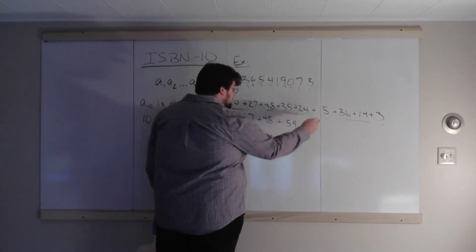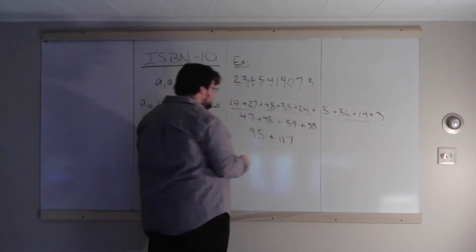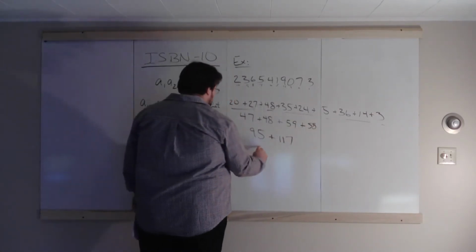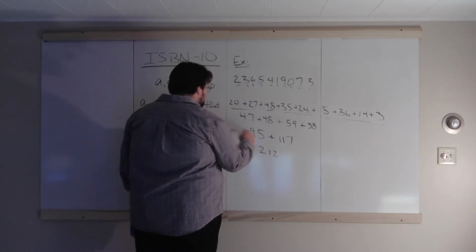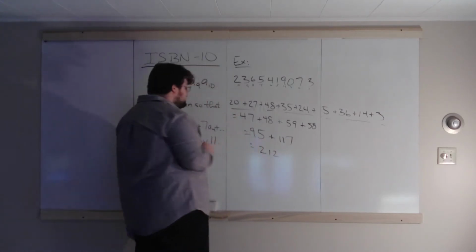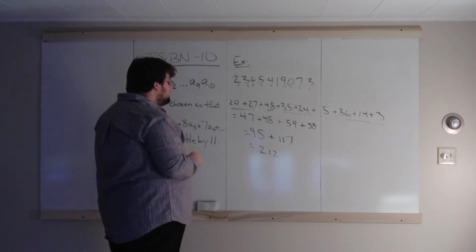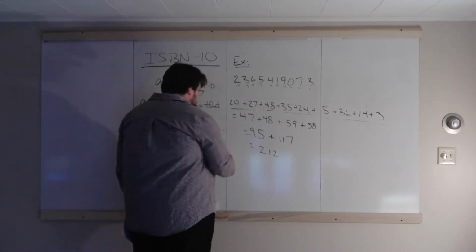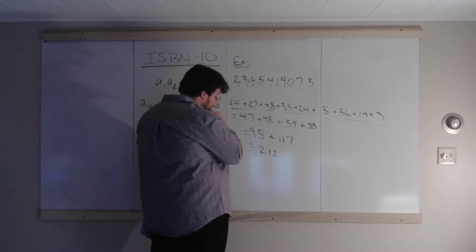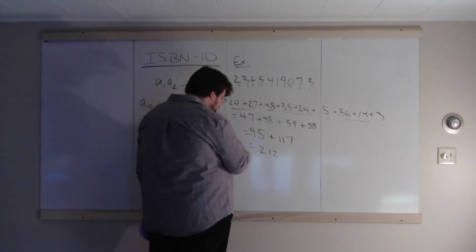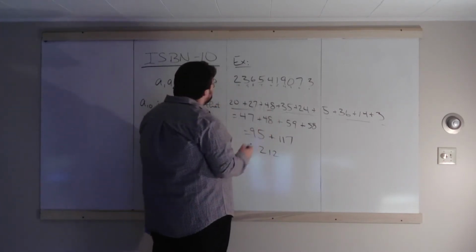95 plus 117 makes 212. I should use equals sign since these are equal. I don't know if I used them before. And 212 is not divisible by 11. Why is it not divisible by 11? Well, it's not divisible by 11 because 220 is. How can we actually check that?